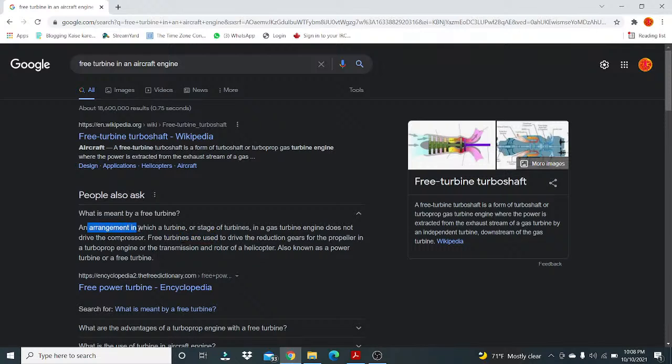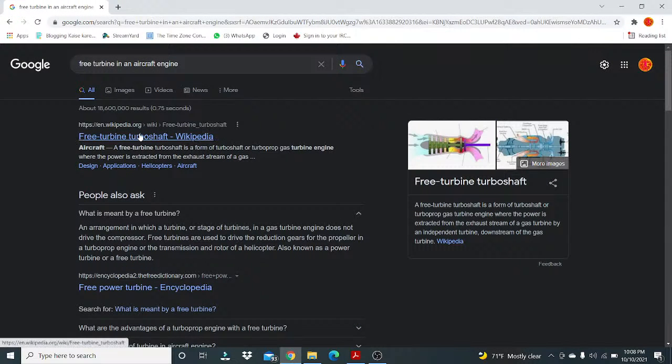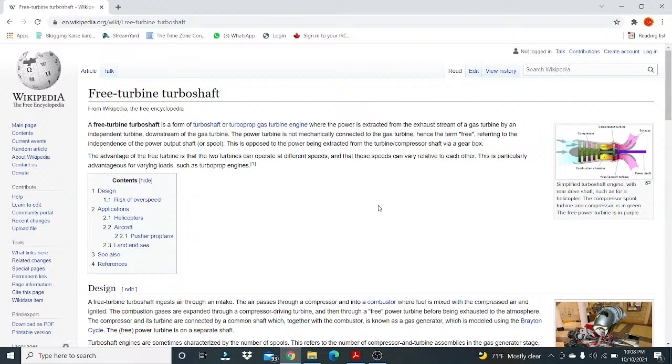An arrangement in which a turbine or stage of turbines in a gas turbine engine does not drive the compressor. So I think it's okay. Free or power turbine pretty much sums it up, right?